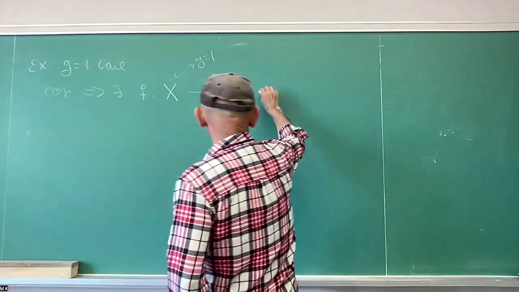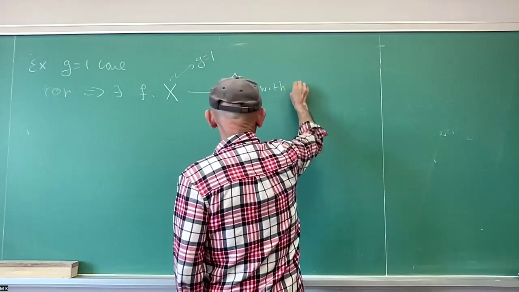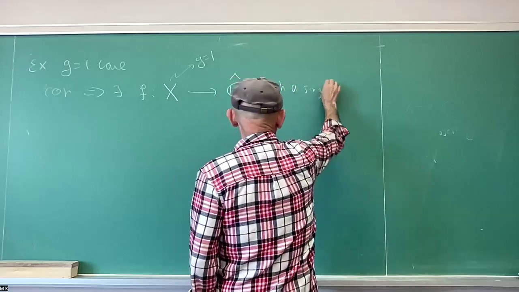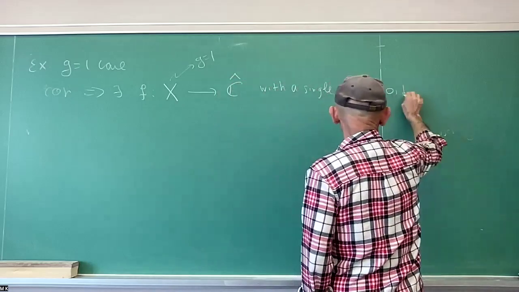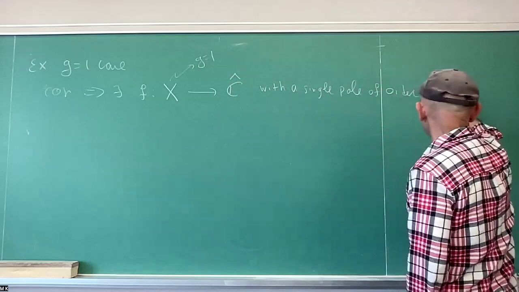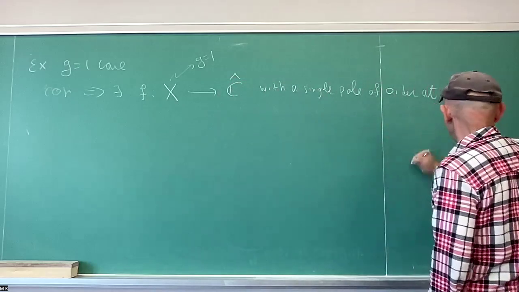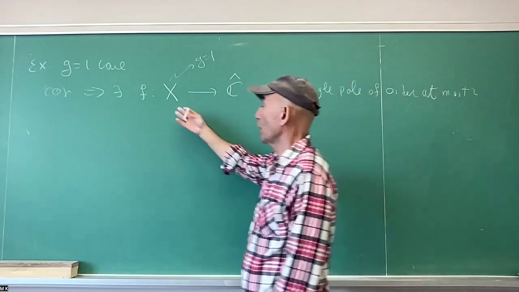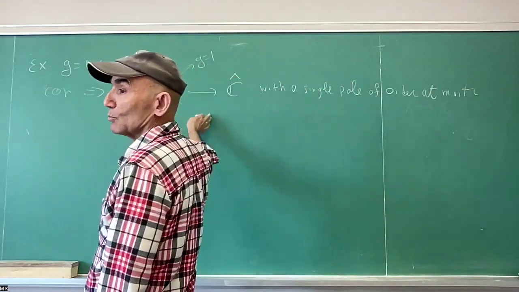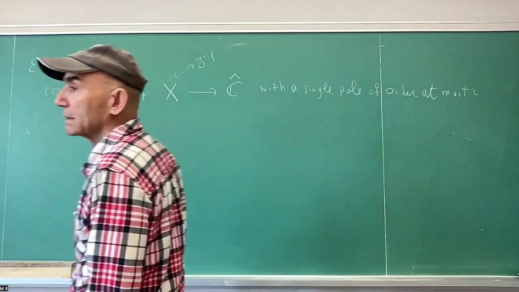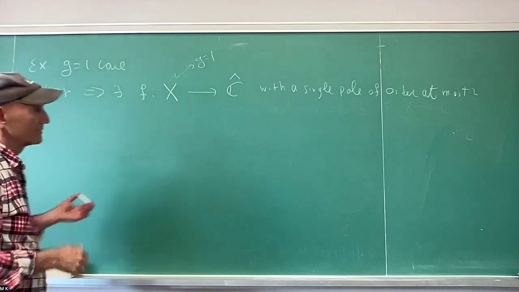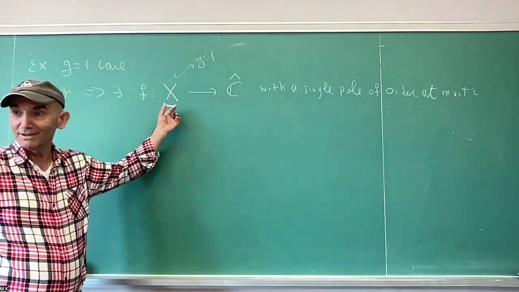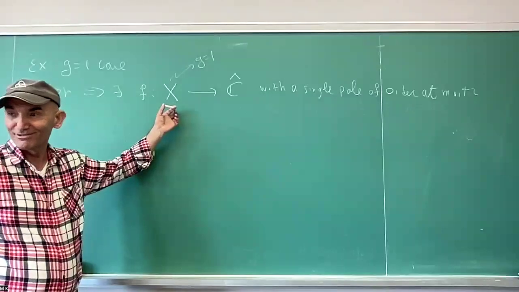But by no means would this imply that X is biholomorphic to C hat. The question of classification of complex structures on genus 1 curves cannot be approached by this theorem. This theorem is not strong enough.